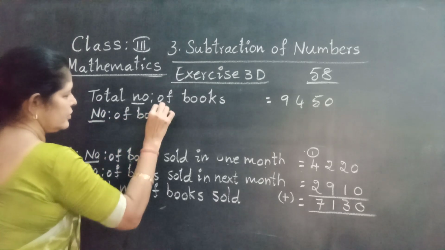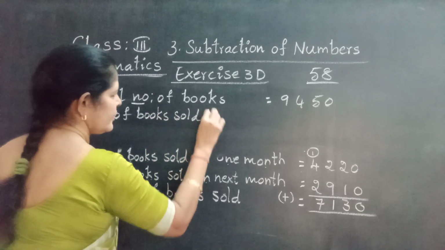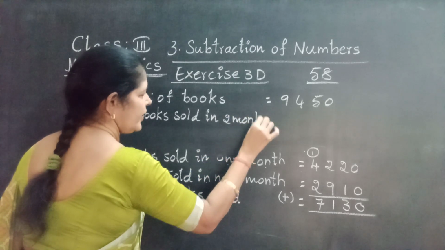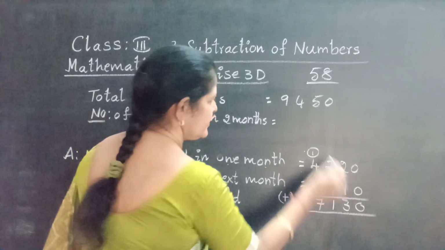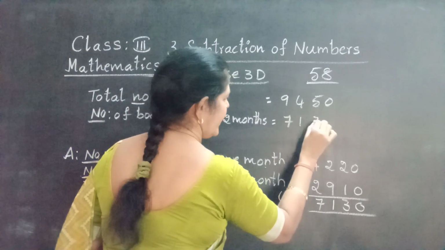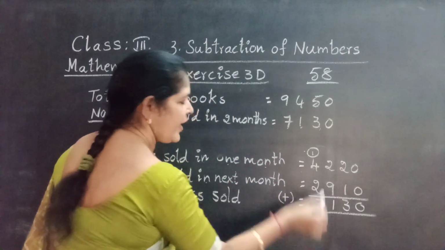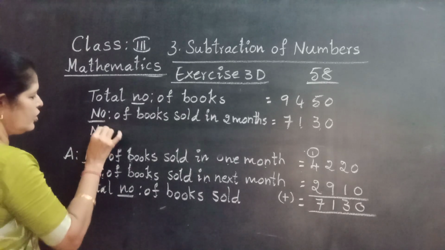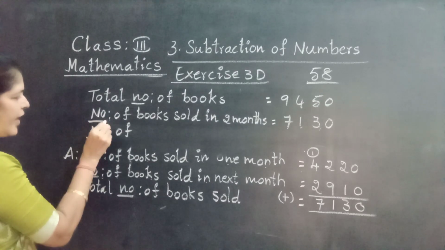Number of books sold in 2 months. How many? This is 7,130. We get this answer by addition. Now, number of books, you also put 2 dots and underline.